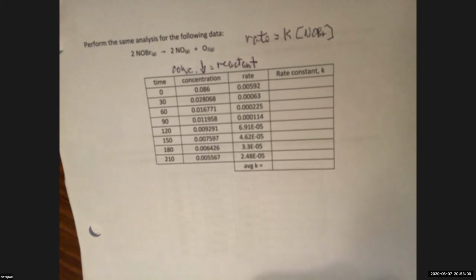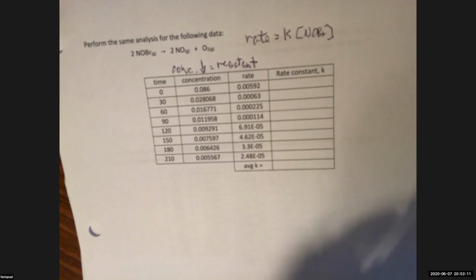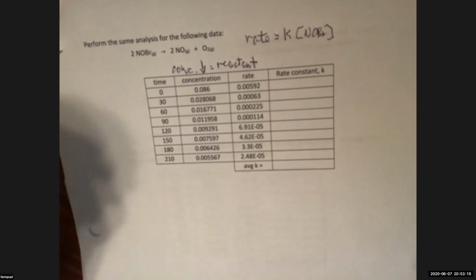Okay, so let's look at the rate constant. So let's do a couple of these. At 0.086 divided by 0.00592, our rate constant comes out to be 14.5.